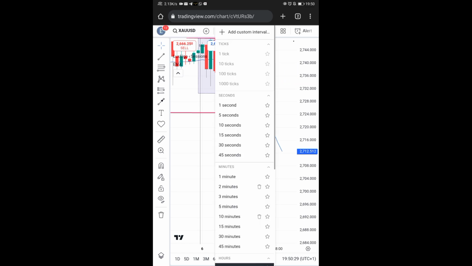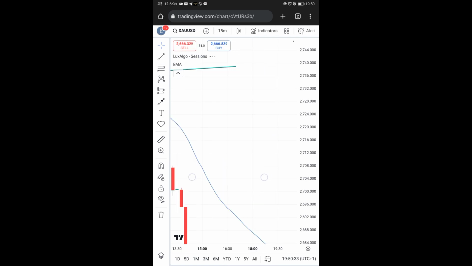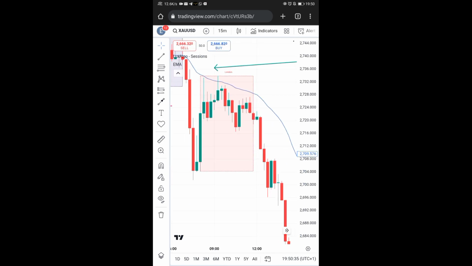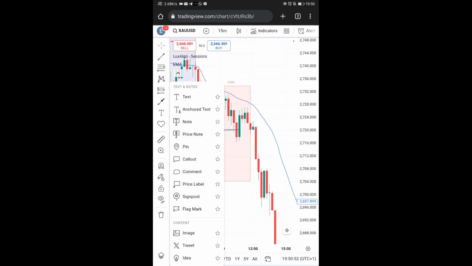Now I have to go to my M15. On my M15, I'm waiting for the London session to open. Once this London session opens, I'm waiting for a break of structure inside this zone, which happens right there. You can see that the market closed below this very zone. It gives a BOS right there.